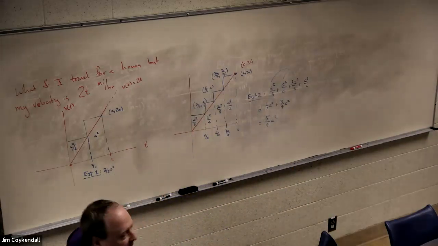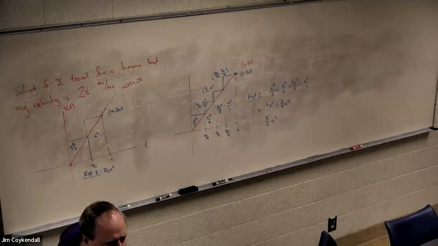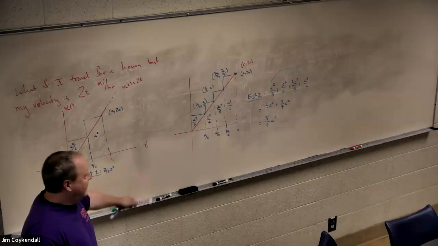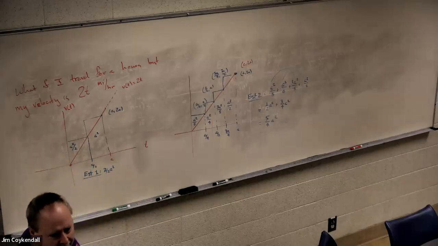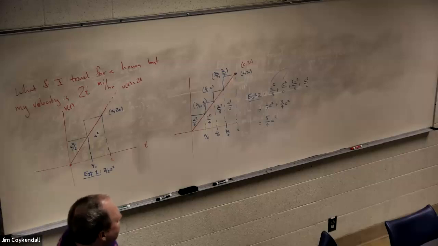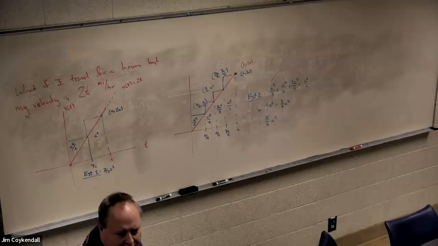What can you say about the second estimate as opposed to the first estimate? Six-fourths A squared, 5/4 A squared. It's a little smaller. You think it's more accurate? It was more accurate. How can we make it better?